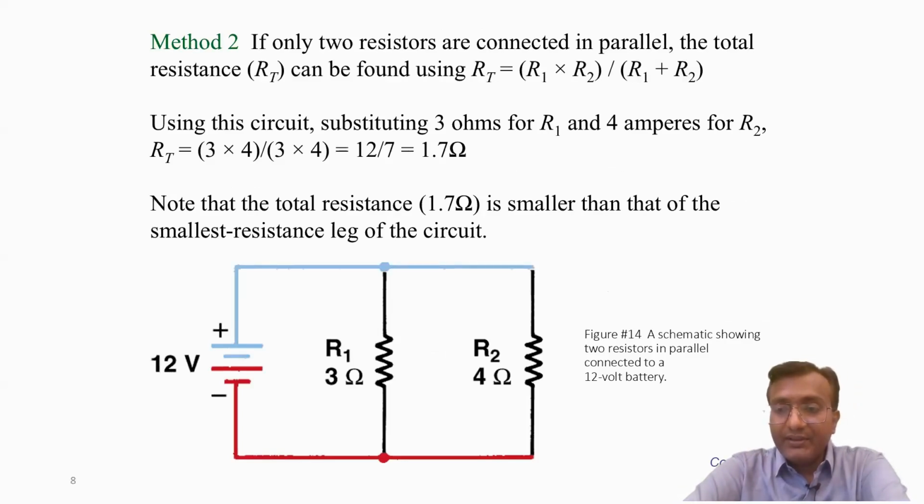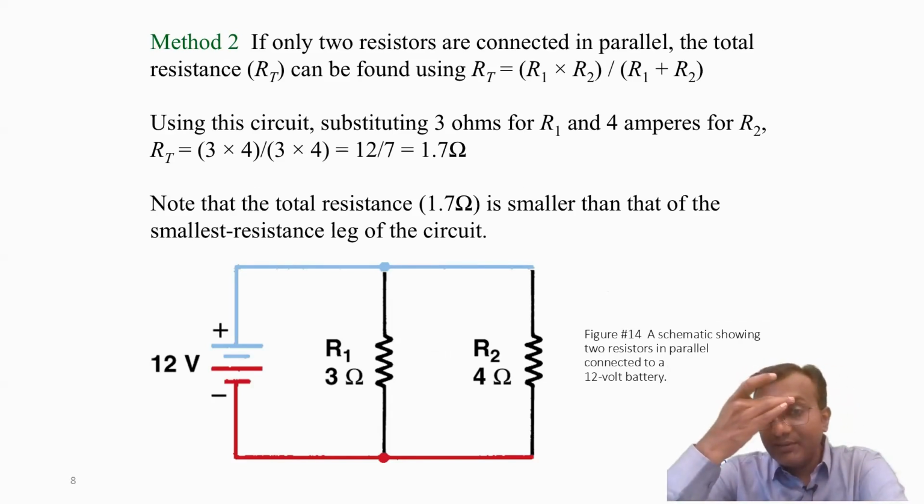Now we will see method number 2 for determining the equivalent resistance in the system. We have the fundamental formula. RT represents the equivalent resistance of the system.